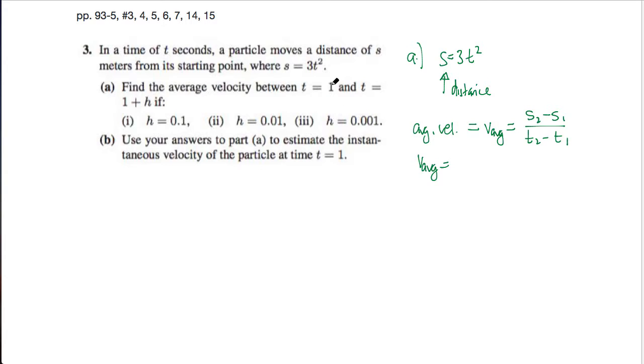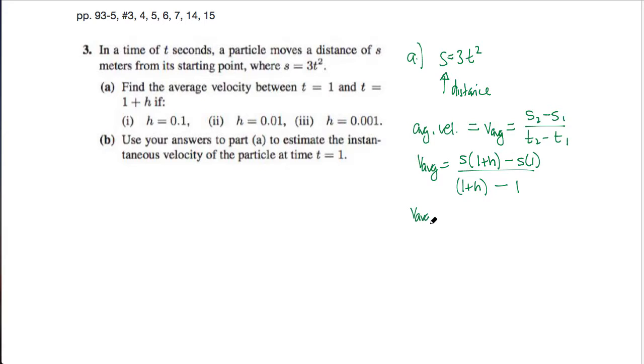Well, if I'm looking at t equals 1 and t equals 1 plus h, that's going to be an S2 of 1 plus h, minus s of 1, over my t2, which is 1 plus h, minus 1, which is my initial time.